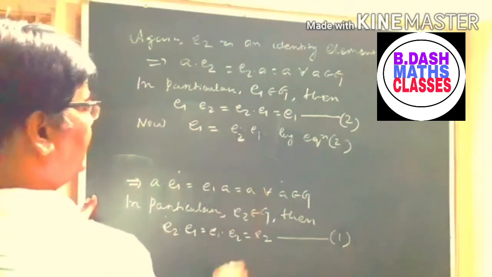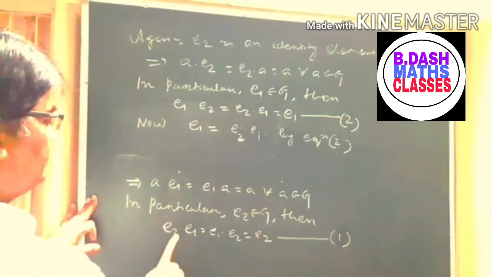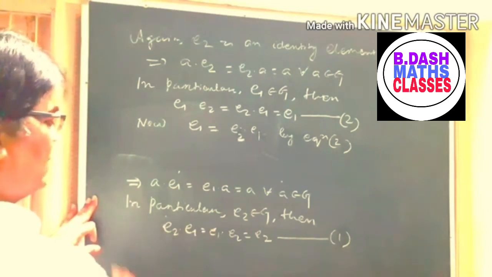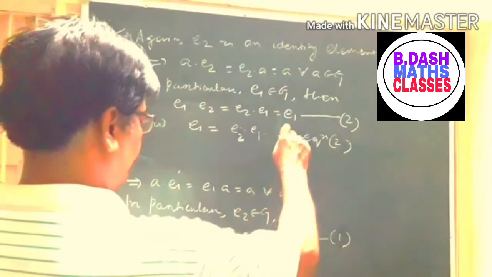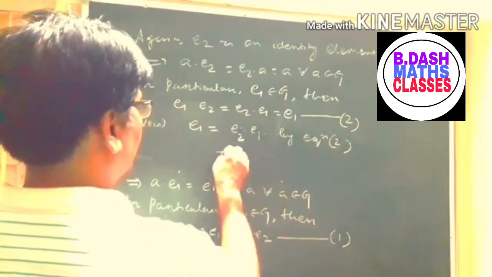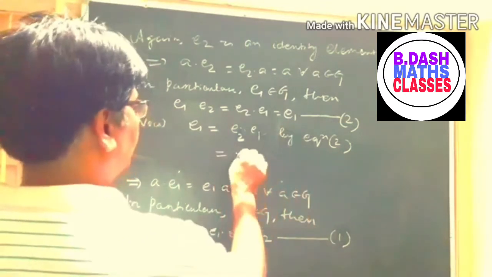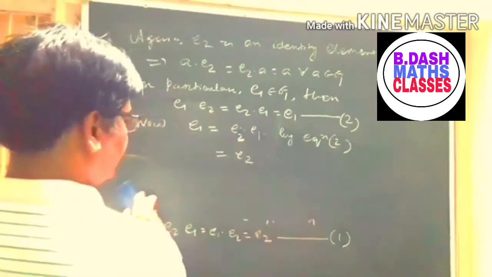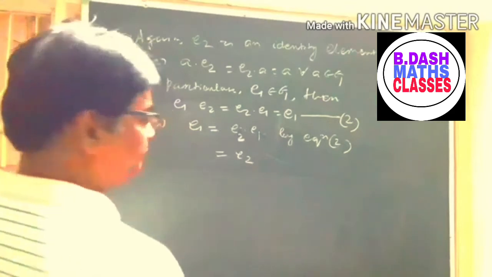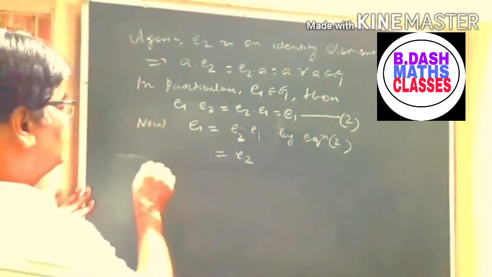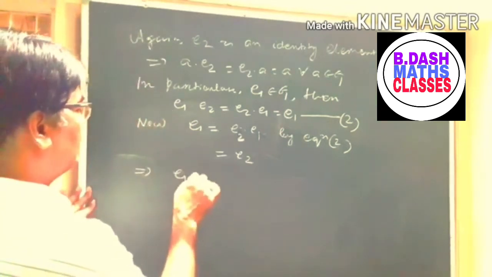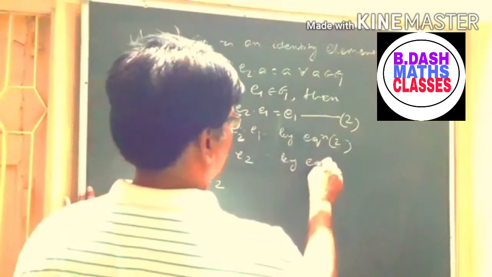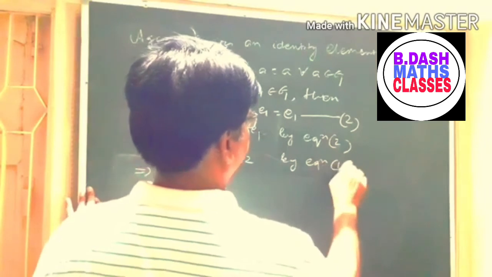This E1 into E2 is equal to E2. So what does this imply? E1 is equal to E2. This is by equation 2 and 1.